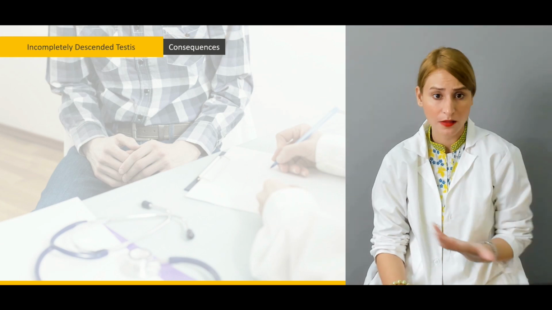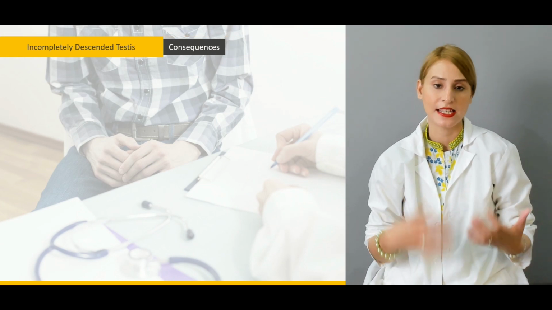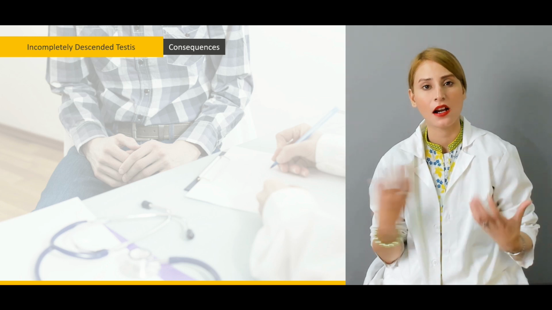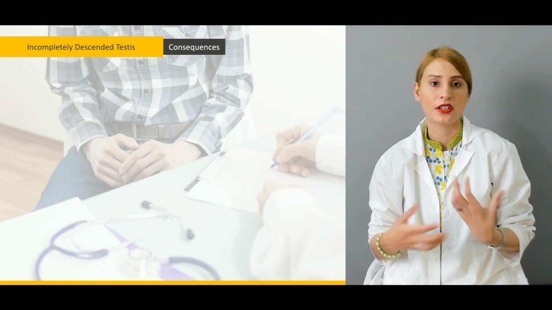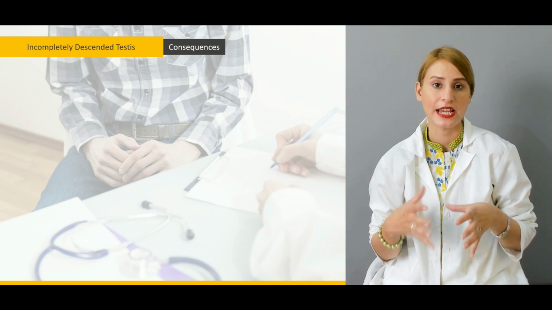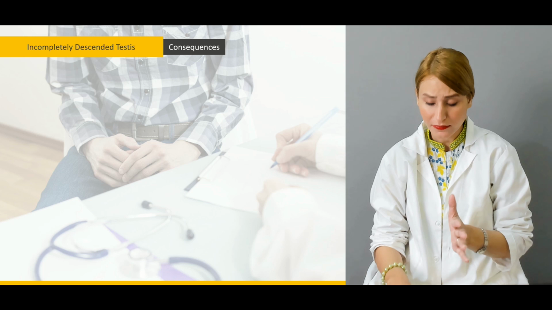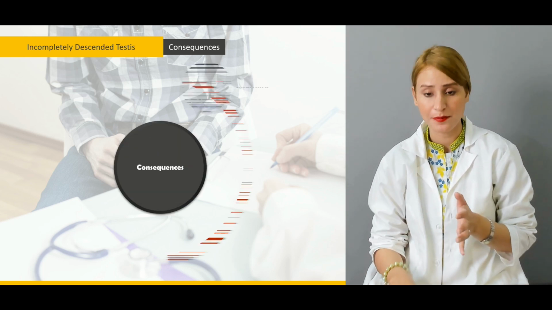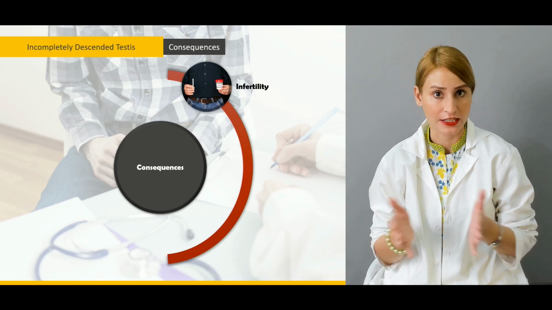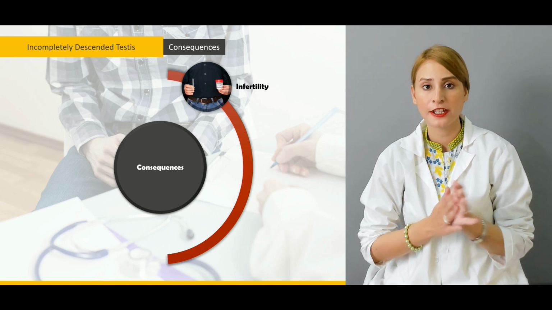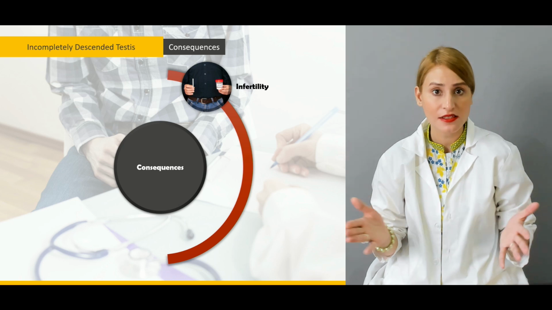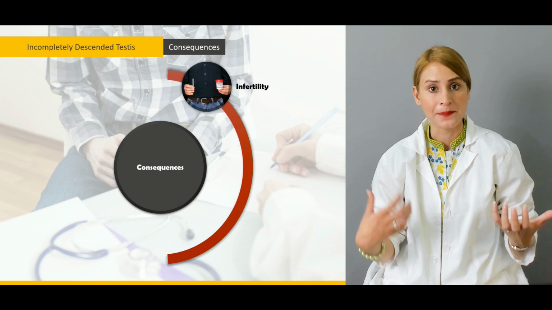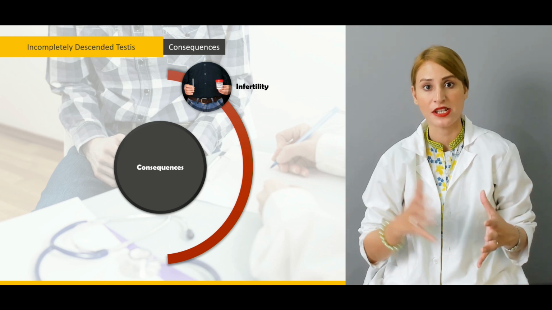These incompletely descended testes, or undescended testes, have some very grievous consequences, especially the chances of malignancy. Let's talk about the consequences. The first important consequence is infertility. Why infertility? Because, as I already told you, the process of spermiogenesis needs a cooler environment, which is present in the scrotum.